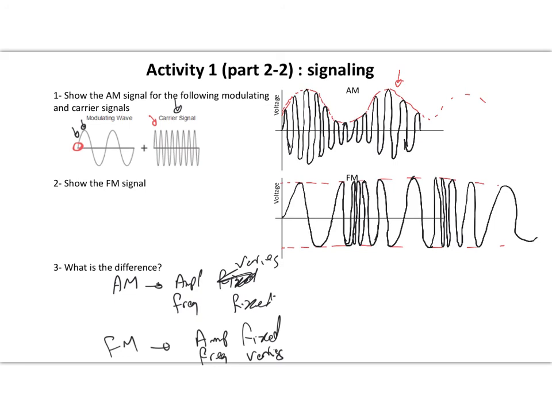So here the frequency goes from low to high, and low to high, to be proportional to the amplitude of the modulating signal.